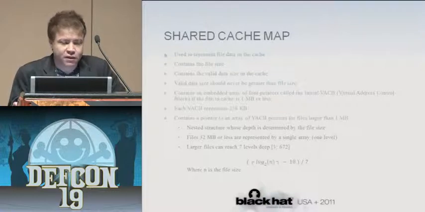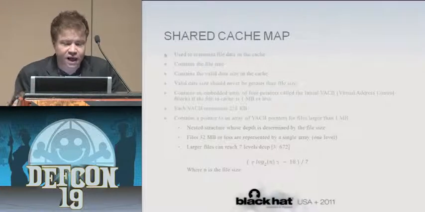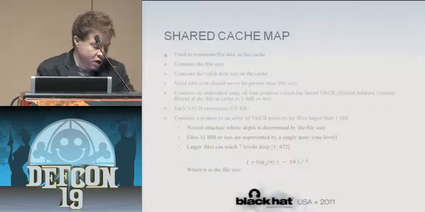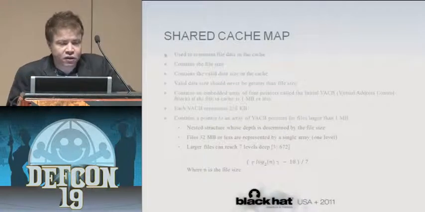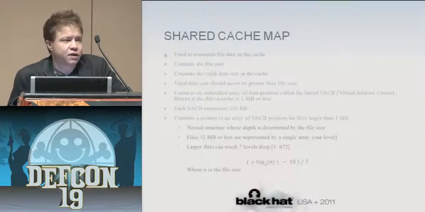It really all depends. So in the shared cache map structure, this structure is actually defined by Microsoft and in WinDbg. It contains the file size, the amount of valid data within the file, within the cache. The valid data should never be larger than the file size, because if that happens, then you're actually looking at uninitialized data.